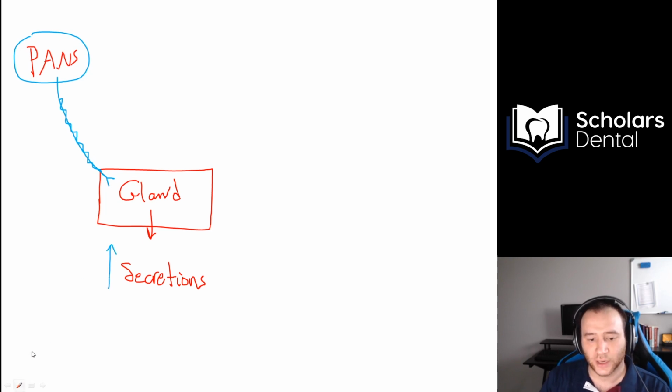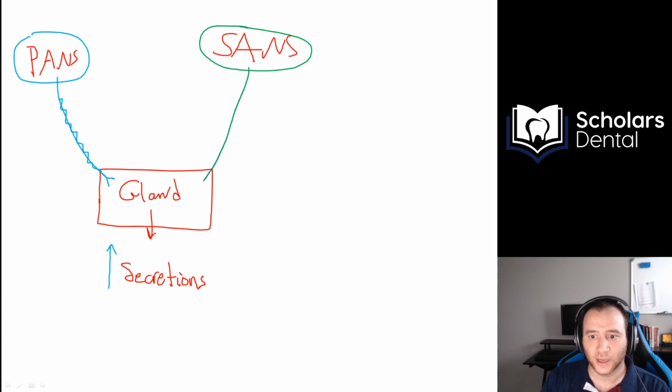Okay? Now the sympathetic system, okay, has its own fibers connecting to the gland. And when it's stimulated, it will cause a decrease in secretions.